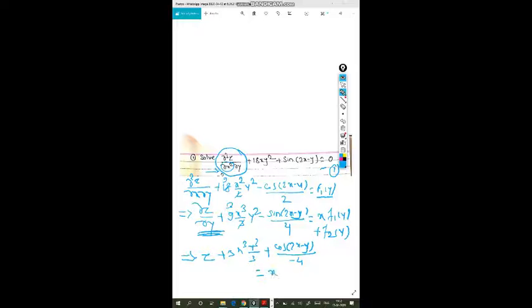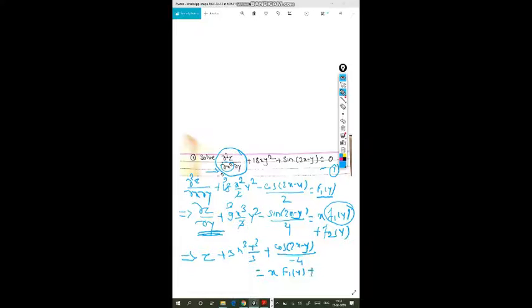So this x times the integration of f1(y). This f1(y) was a constant previously, because it is a constant when we integrate with respect to x. But now this is a function of y and we are integrating with respect to y. So let me assume that the integration of small f1(y) is capital F1(y), some function, because that is a general function and we don't know it. The integration of some function will give another function.